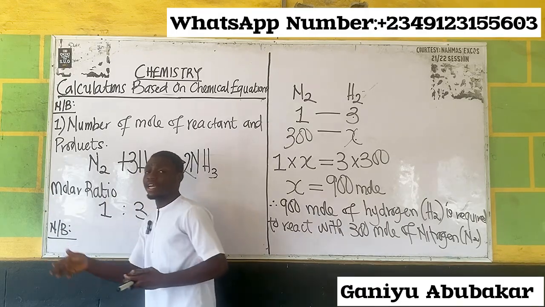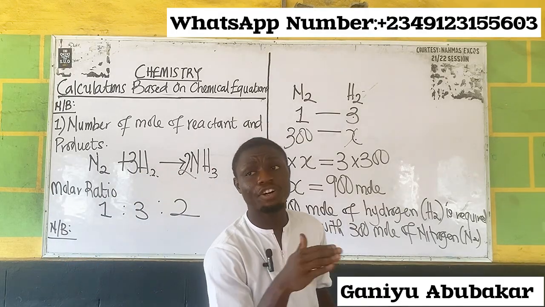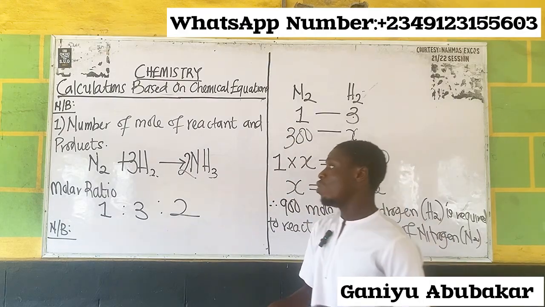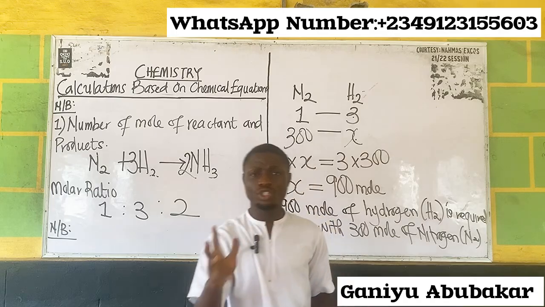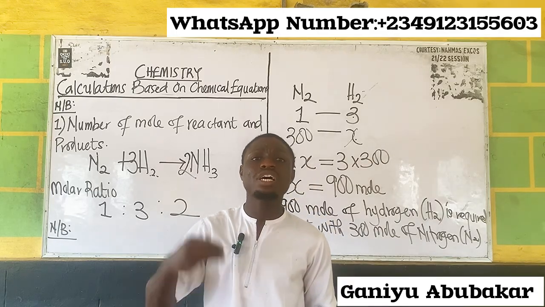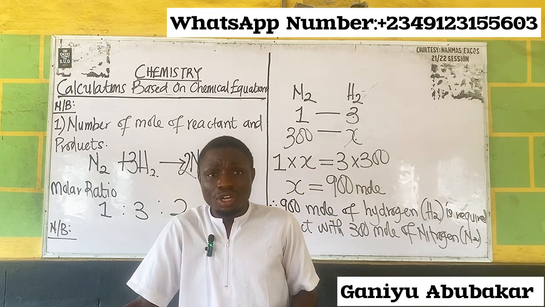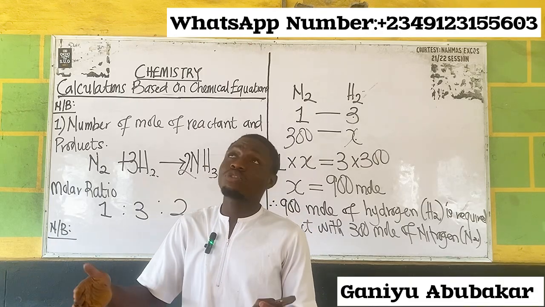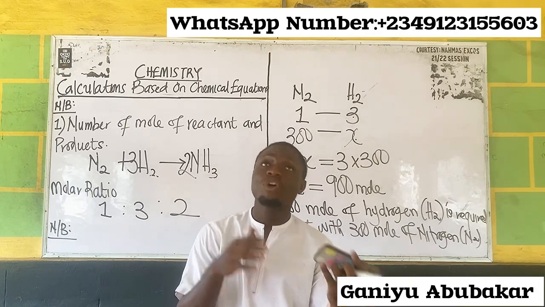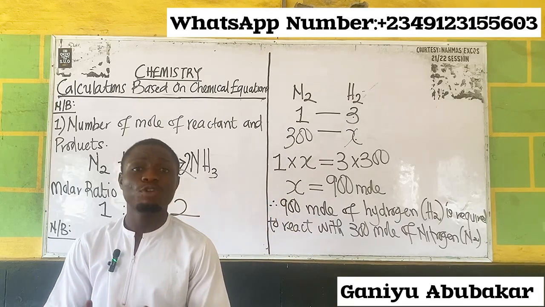So in summary, when they give you an equation, balance it. When you're done balancing, get the molar ratio of each of them. They will focus your mind on two things. Check your question. In this case, it was how many moles of hydrogen is required to combine with 300 moles of nitrogen.